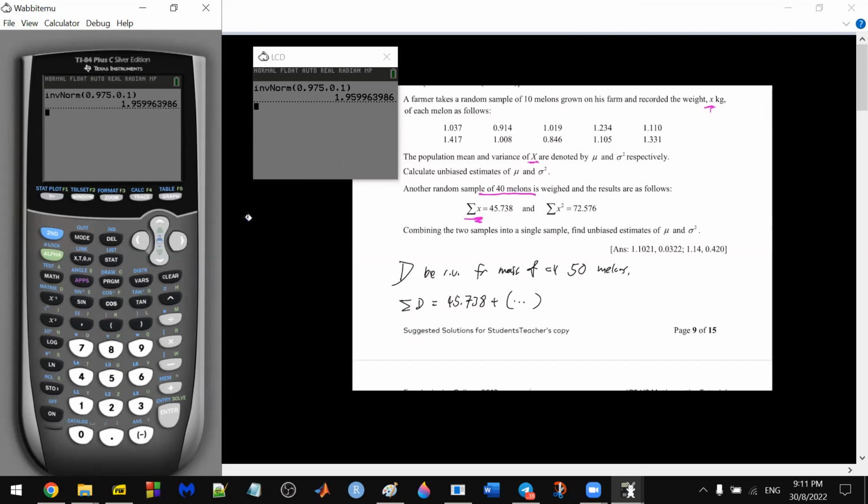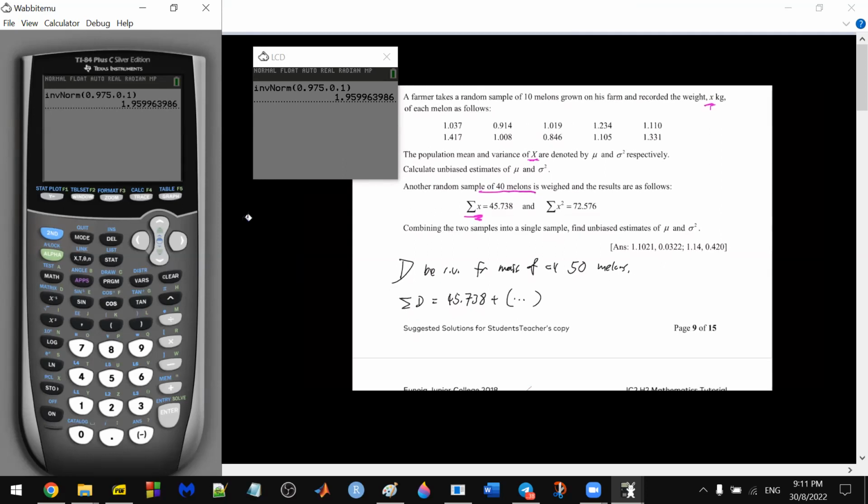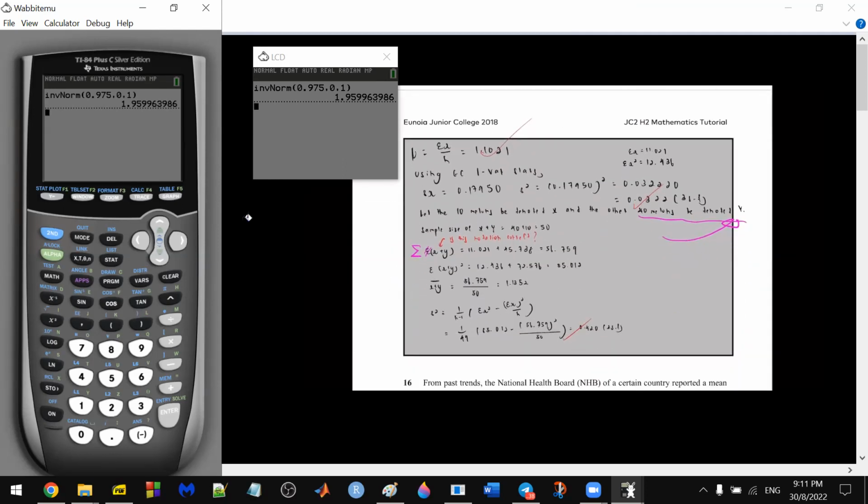Just let d be the random variable for the mass of all 50 melons. 85. How did you get that?